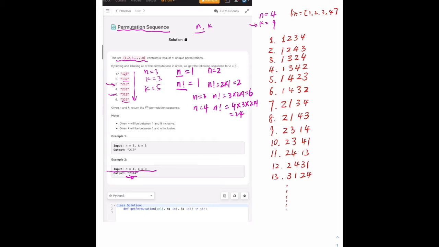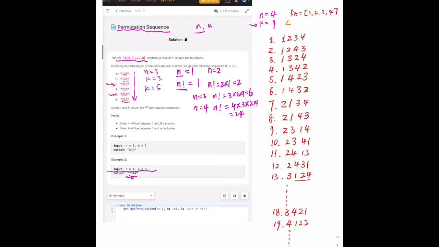You can already see we always have 6 numbers starting with a specific number. So 3. The last number should be the last we can get from these 3 numbers. So it should be 4, 2, 1. Until the largest one should be 4, 3, 2, 1. So the total number of the permutations are 24.